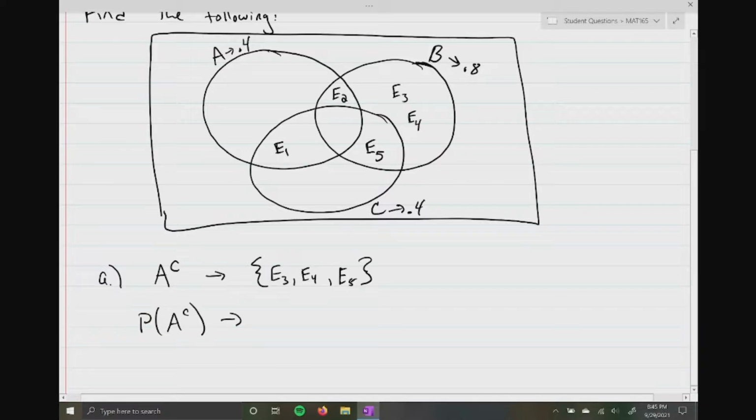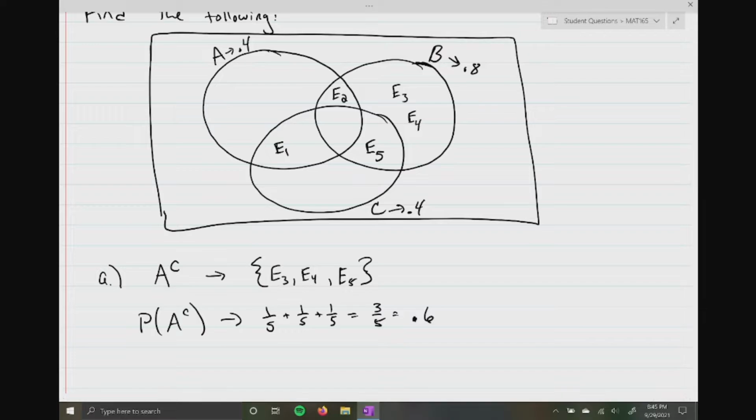Well, since we have 3 events, events 3, 4, and 5, and each event is 1/5, that gives us 3/5, which is 0.6, okay? And that's how the first one works.